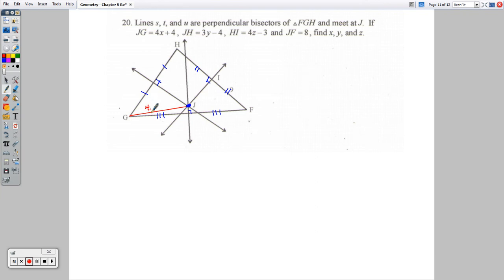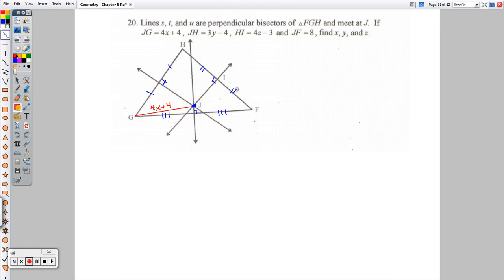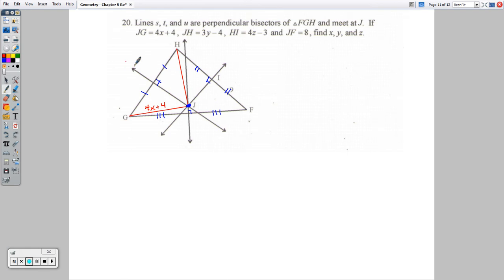So this is 4x plus 4. JH, that is 3y minus 4. HI, this from here to here, I'll do that in purple. So H to I, that's not purple.